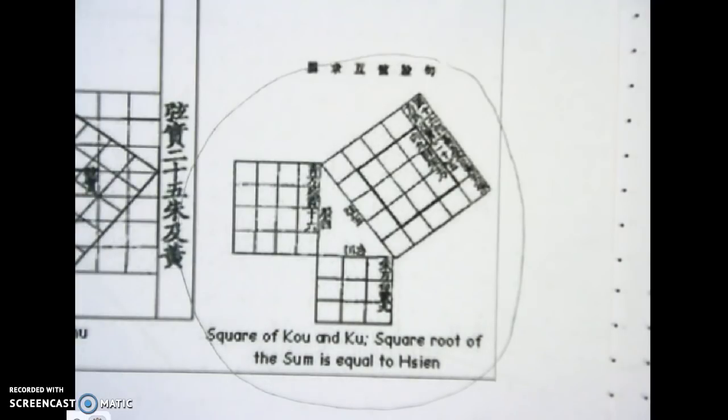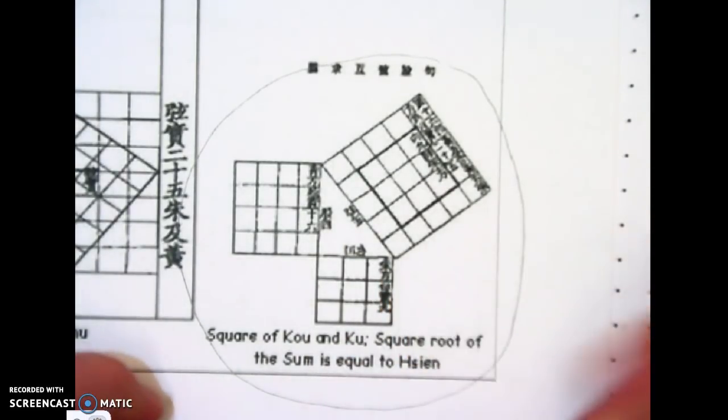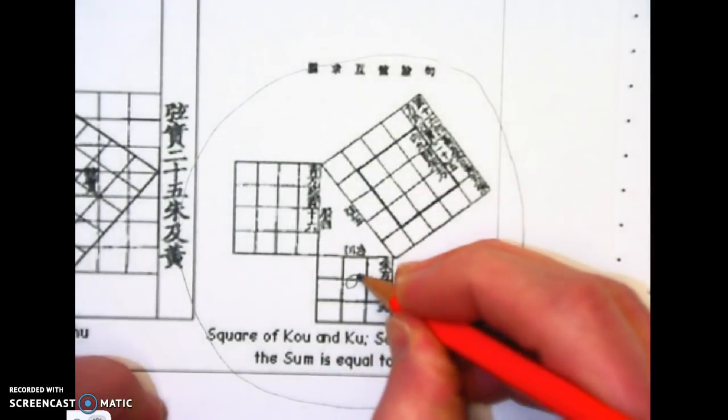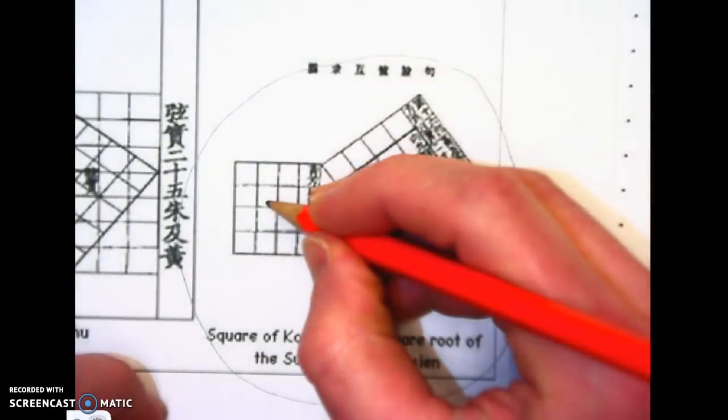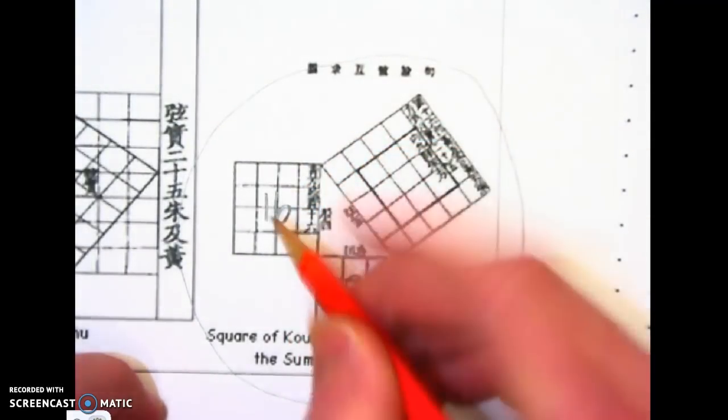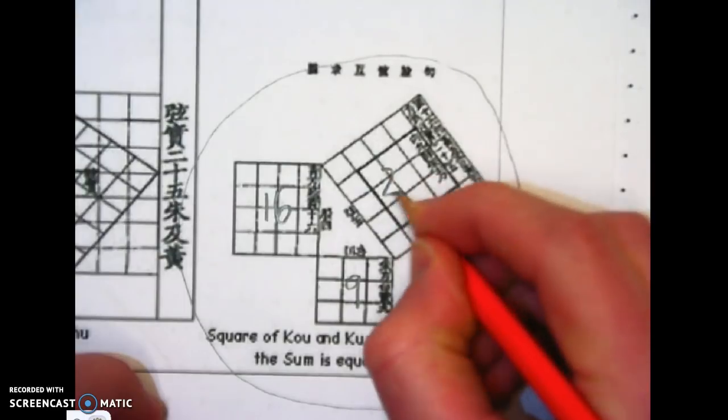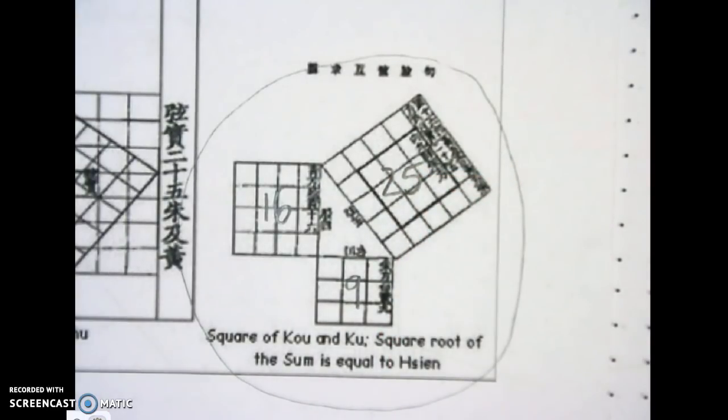And I saw this written on many of your papers, that 9 squares were in this big square, and 16 little squares were in this one, and 25 were in this one. Many of you knew that these two needed to add and make that area.